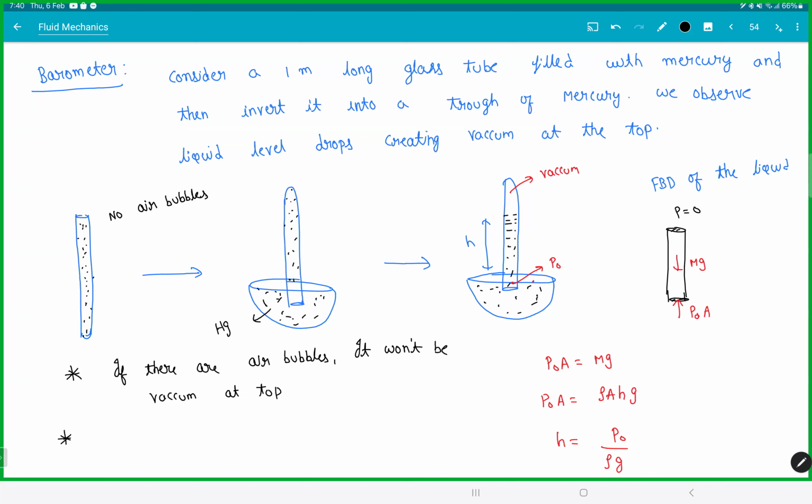What will happen here if you make a hole at B? B is interesting. Will you get a fountain? At this point, what is the pressure? P naught. So if you're going at a height, the pressure here will be P naught minus rho gh. So pressure is actually less, isn't it? So if you make a hole, air will enter inside because the pressure outside is more.